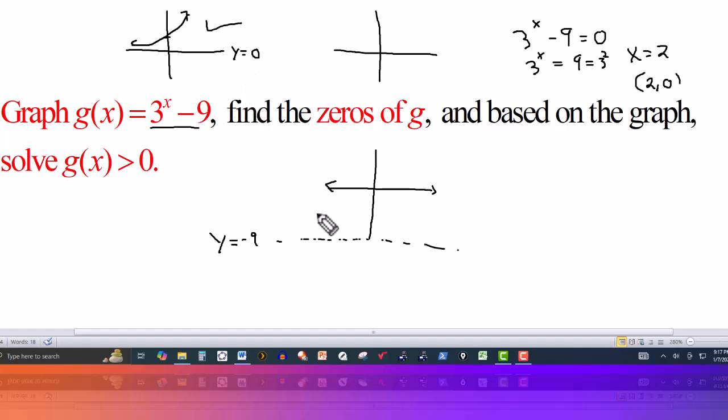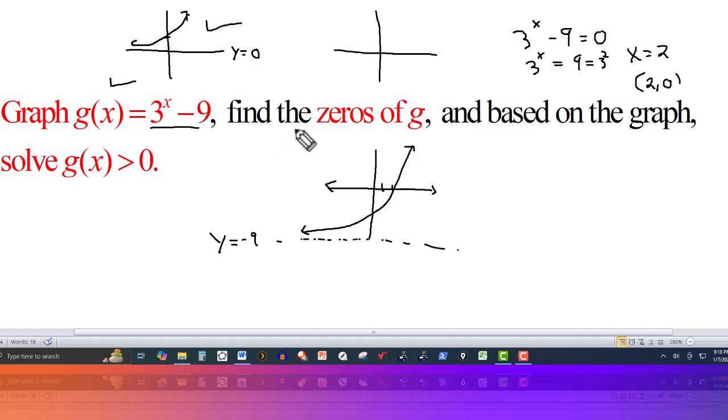And it's going to pass through the x-intercept at (2, 0). So I'm going to go over to (2, 0) this way, and the graph is going to go like this. So that would be the graph. That's the first part here, the graph.